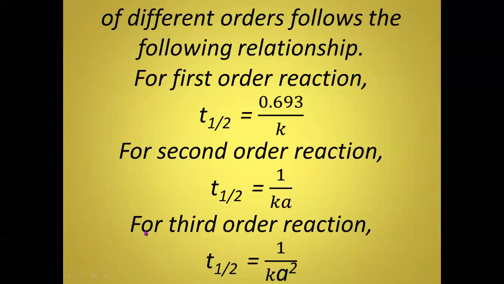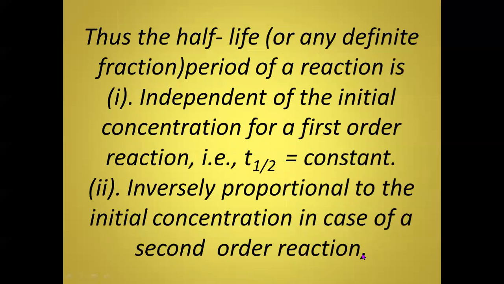And for third, we should have a relationship like this: T half is equal to 1 by K A square. Because K is a constant, we can convert it into a proportionality expression like this: T half proportional to 1 by A square. So if it is like that, then it is called a third order reaction.